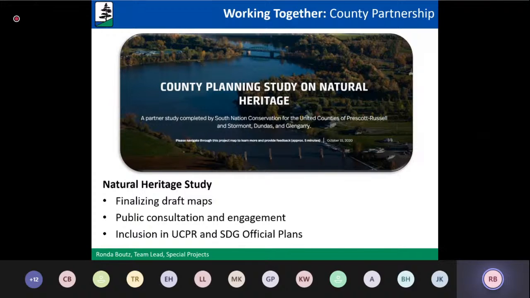Once that has been firmed up, we will share the consultation opportunities with committee if you would like to review and provide some input. The final product will be used by both Prescott-Russell and SDG in their official plans as they move them forward. Any questions in that regard?